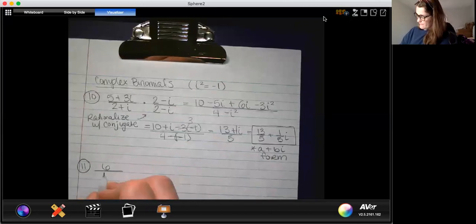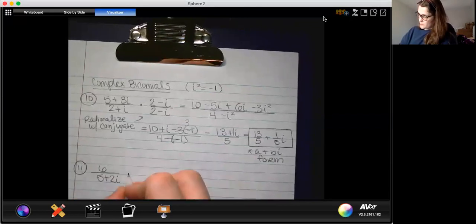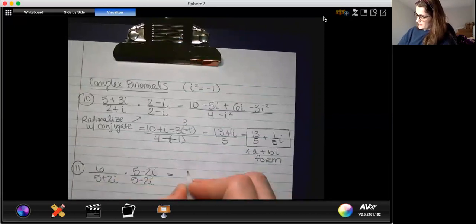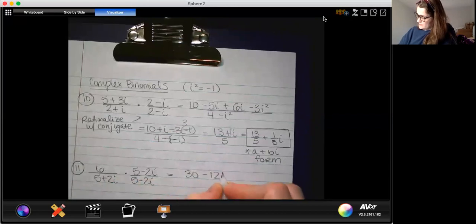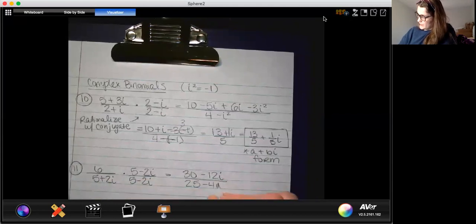6 divided by 5 plus 2i. So we're going to multiply by 5 minus 2i. I'm going to multiply across, so I get 30 minus 12i divided by 25. It's a conjugate, so the middle term is going to cancel. Minus 4i squared. So I have 30 minus 12i divided by 25 minus 4 times negative 1.